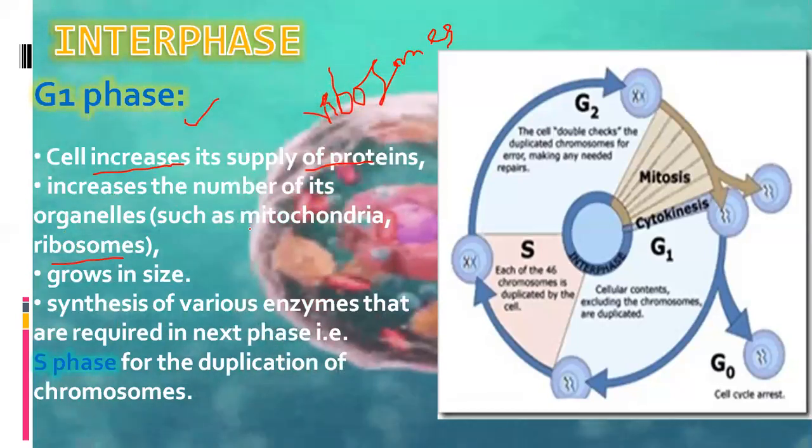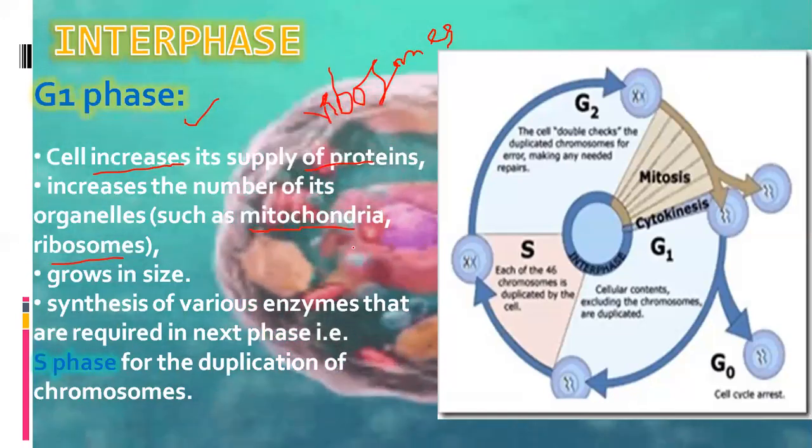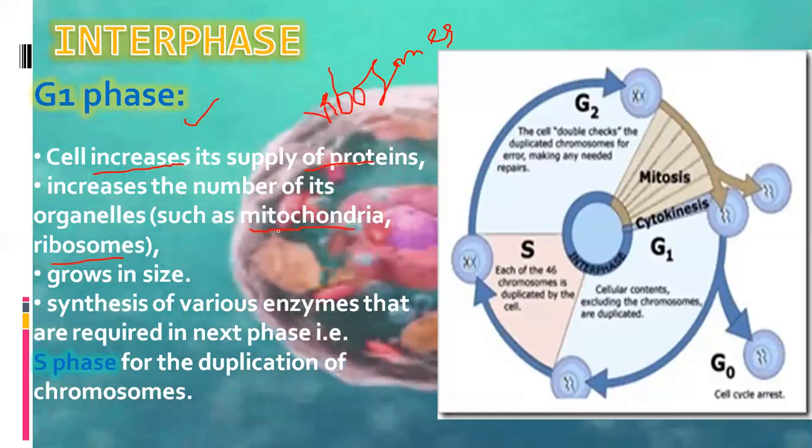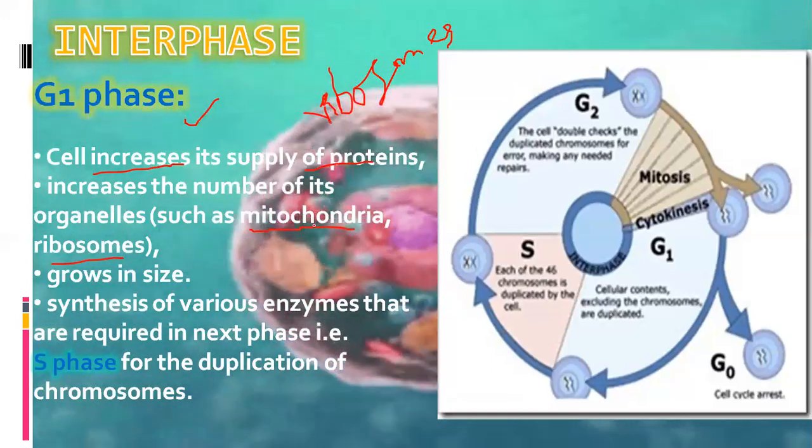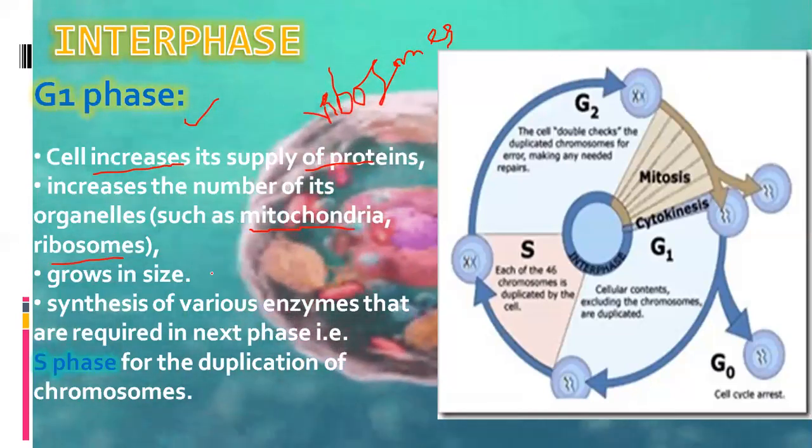For the production of energy, mitochondria are required, for respiration, because energy is produced through respiration. So for more energy production, more mitochondria have to be synthesized. So the cell increases the number of mitochondria, ribosomes, Golgi apparatus, and all the organelles required for the next phases.